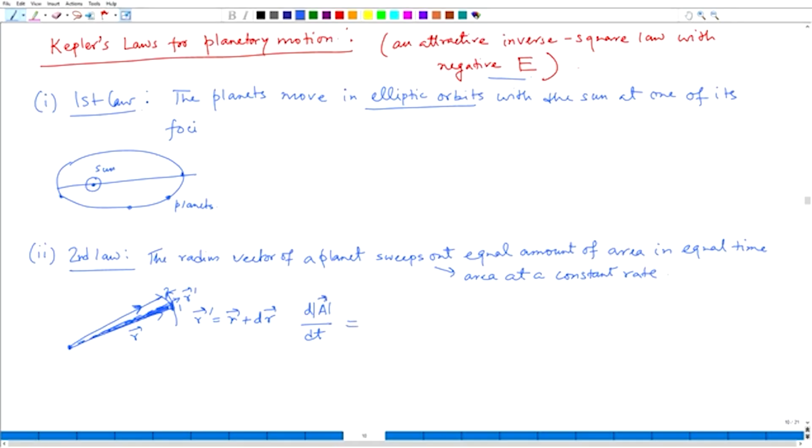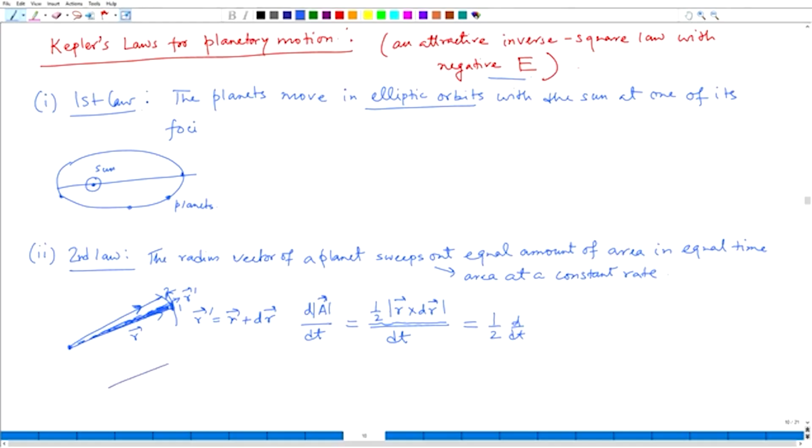I know from my knowledge of vector algebra, this is nothing but half r cross dr by dt. This is the small triangle subtended by r and dr, and they are almost perpendicular. So, r cross dr will be the cross product of two vectors at 90 degrees, so this will be simply r dr.